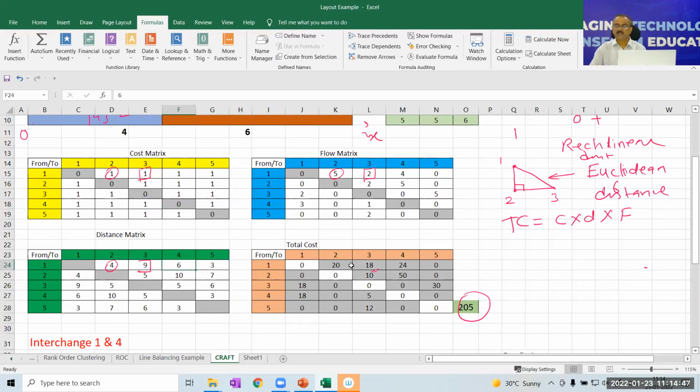Now, this is the initial layout. If you improve the layout by doing the pairwise exchange, that means exchanging departments, the exchange is possible where there is a common border or the same area.